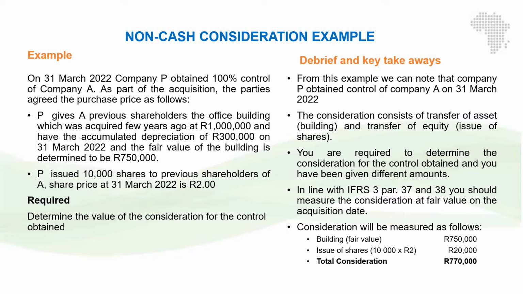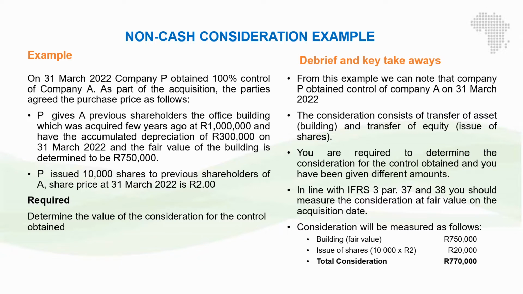Then we're required to determine the value of consideration for the control obtained. So from this example, we know that the control was obtained on 31st of March, and it was through a non-cash consideration, where they gave the previous shareholders an office building, and they also gave them some shares. So we need to say, okay, what was the fair value at acquisition date?